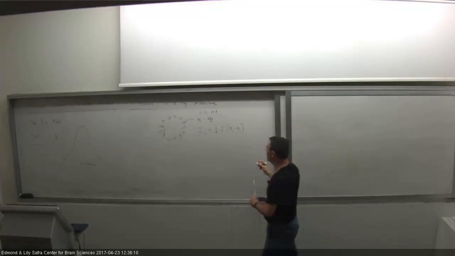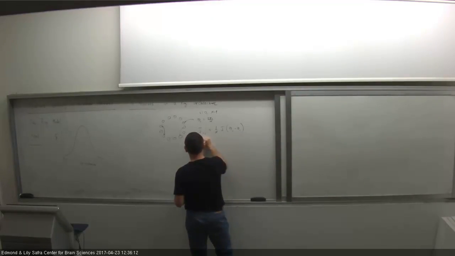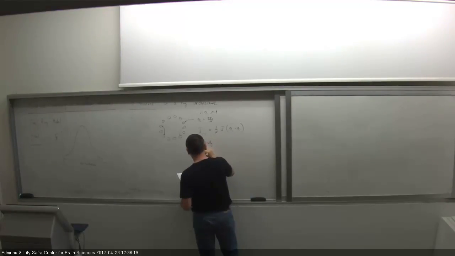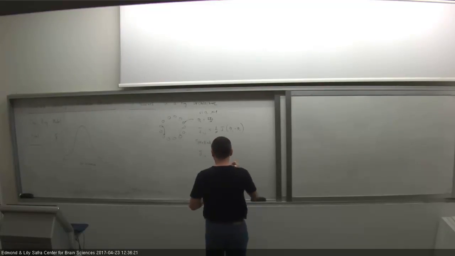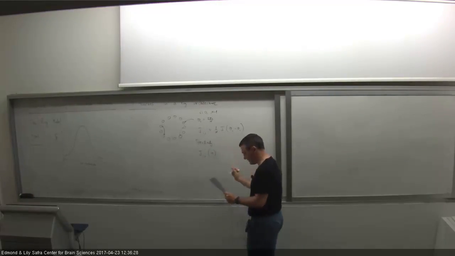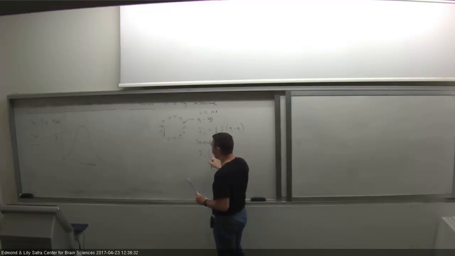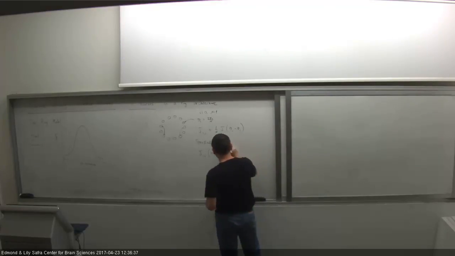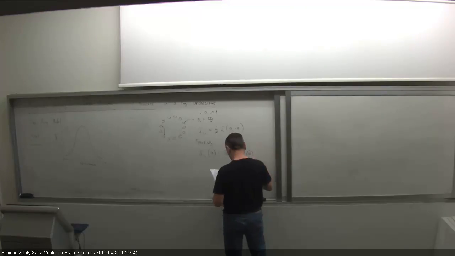And more specifically, we will assume that the strength of connectivity between two neurons that differ by an angle of theta is equal to J0 plus J1 cosine of theta.